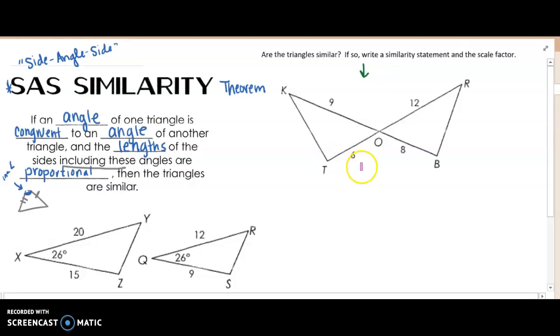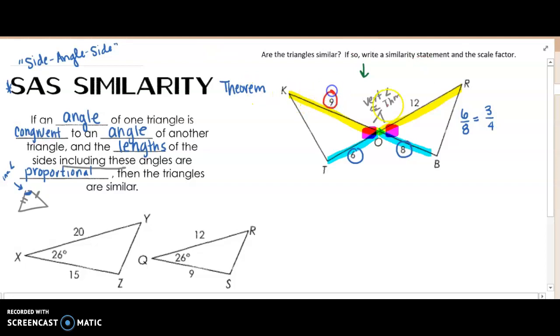We know that this angle and this angle are congruent because of the vertical angle congruence theorem. Now we need to know, does this side and this side have the same proportion as this side and this side? Well, there's only one way to find out. For the blue, I can say 6/8, and if I simplify that, that is 3/4.